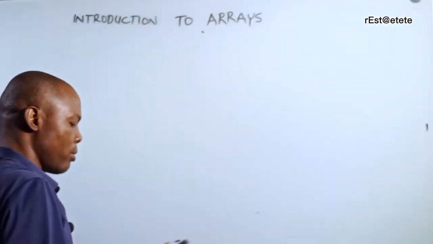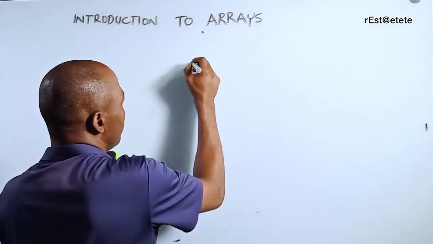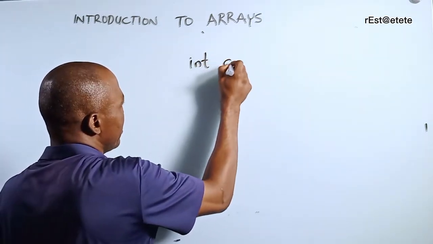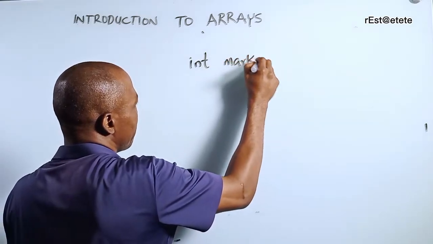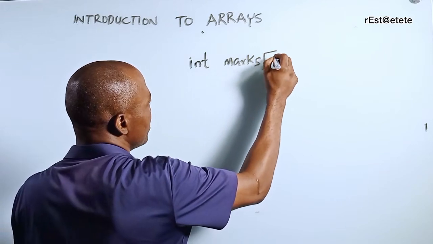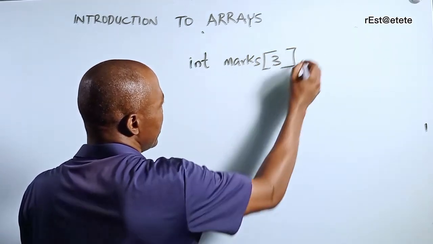So that is where an array comes in as a data structure. I'm going to declare int mark[3].